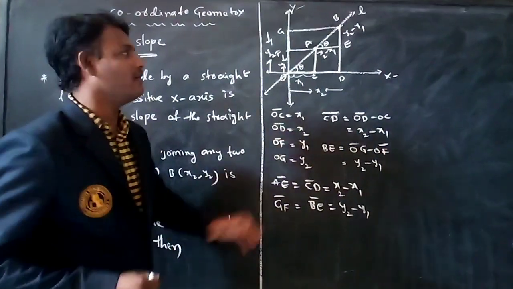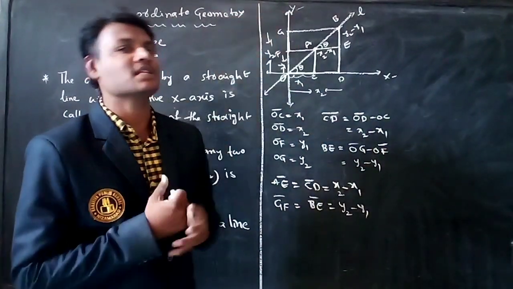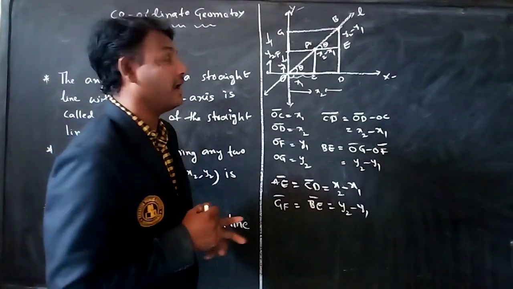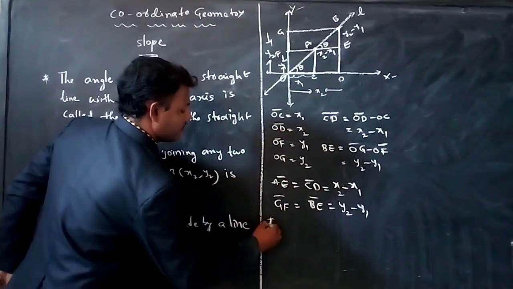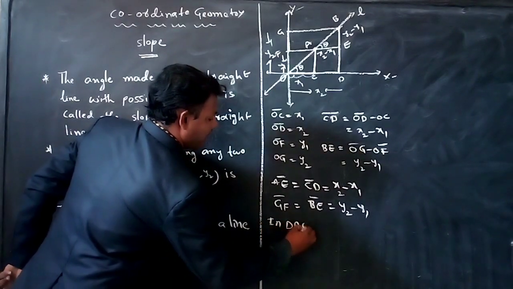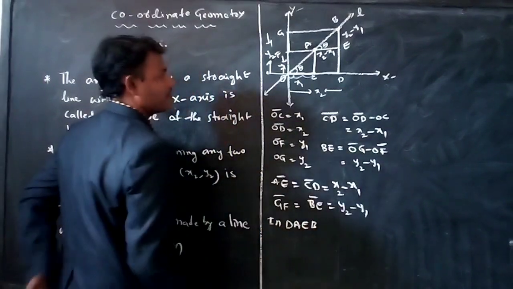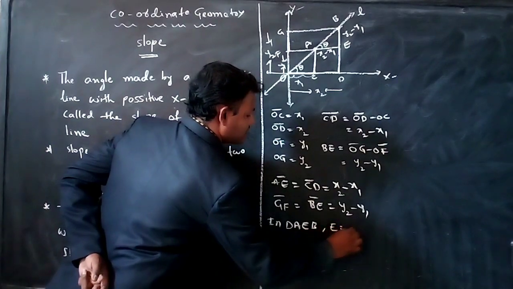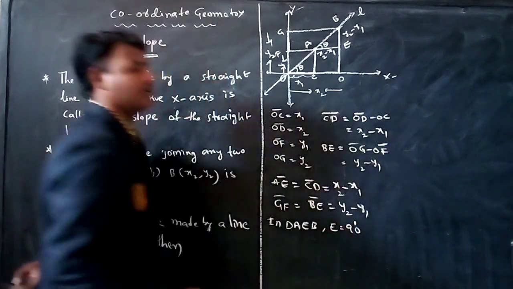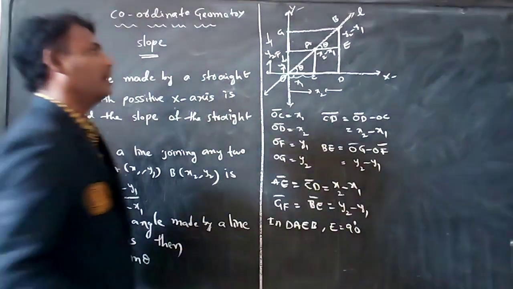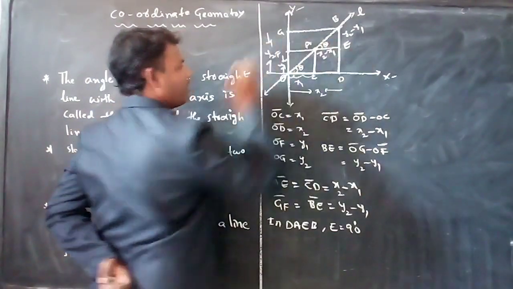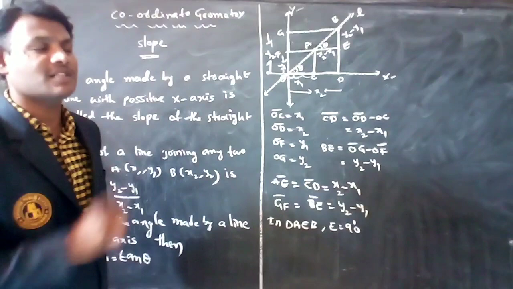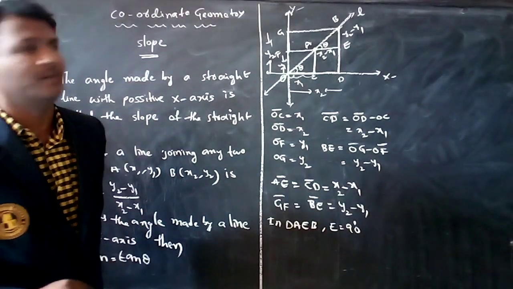So clearly observe here, one right angle triangle is formed. What is the right angle triangle? AEB. In triangle AEB, angle E is equal to 90 degrees. Here, these two angles are equal. Why? Because in the transversal, corresponding angles are equal.